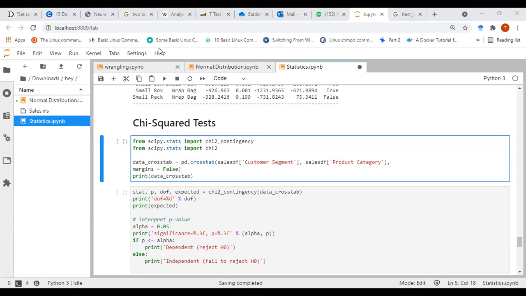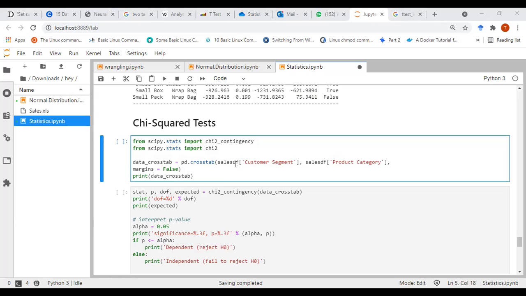Binish. Haris Bilal. Sir, mean of customer segment is equal to mean of product category. What? Sir, mean of customer segment is equal to mean of product category is the null hypothesis.